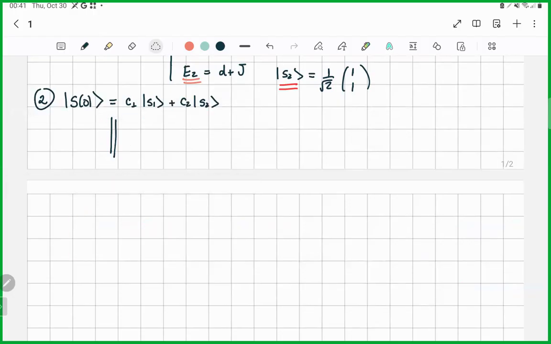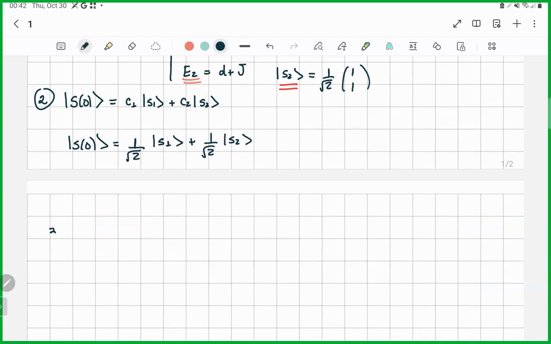Anyway, we did it with the inner product, and we found that our initial state is 1 over square root of 2 for the eigenfunction S1, 1 over square root of 2 for the eigenfunction S2.